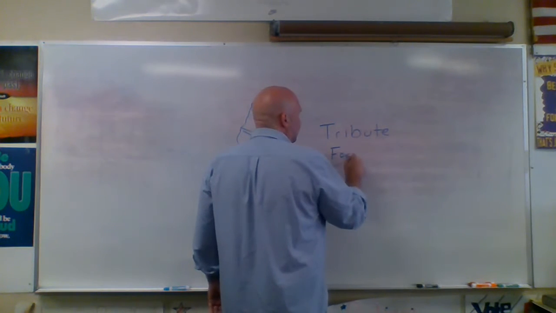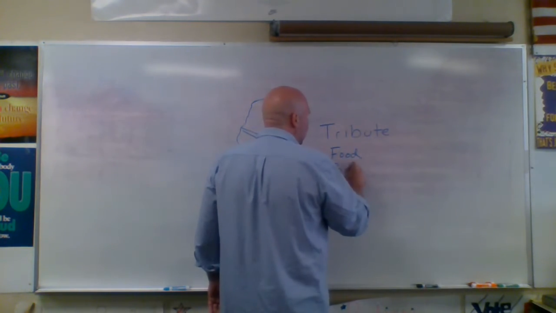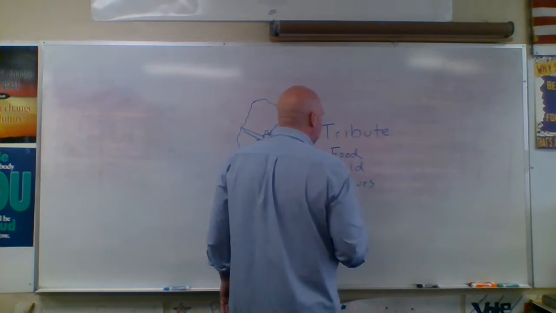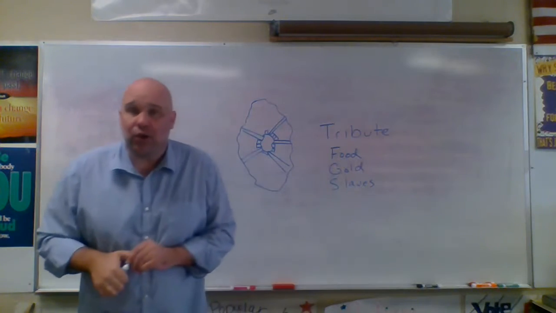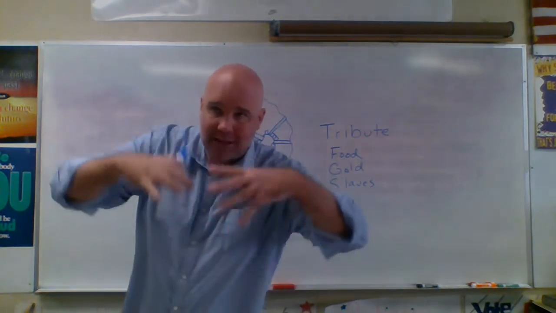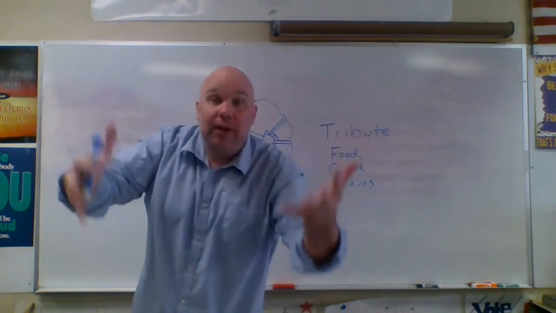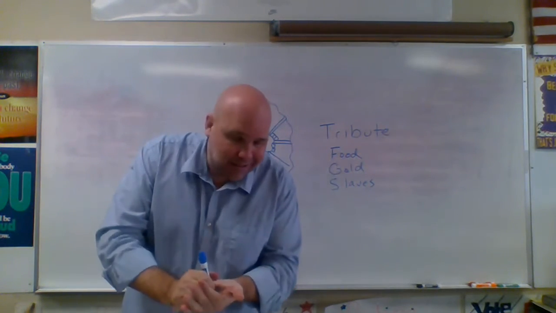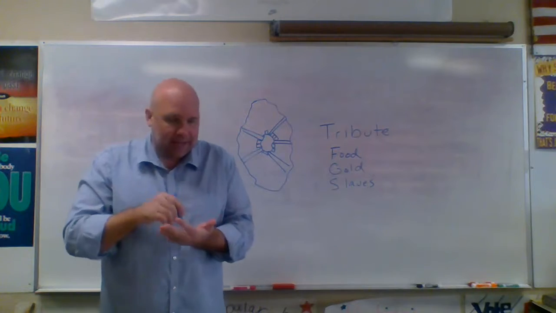Could be food, could be gold, could be slaves, could be anything of value. This is what you pay to the Aztec government, the Aztec leadership, which was polytheistic, meaning many gods.